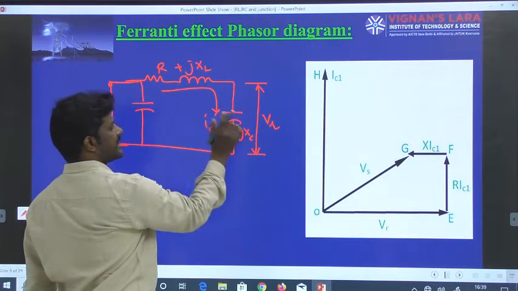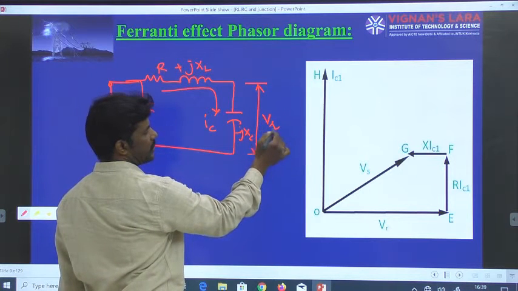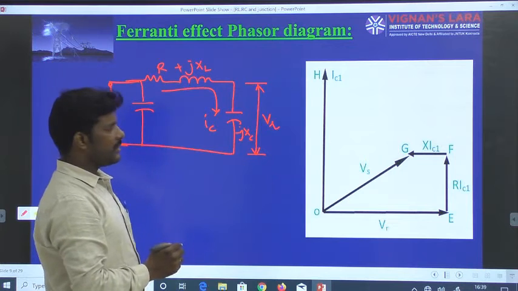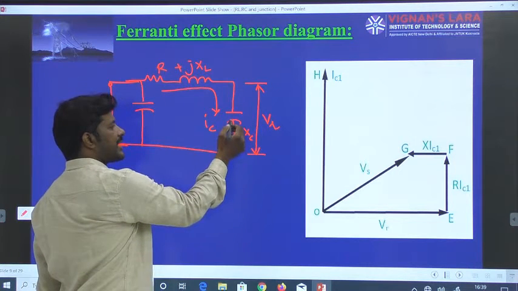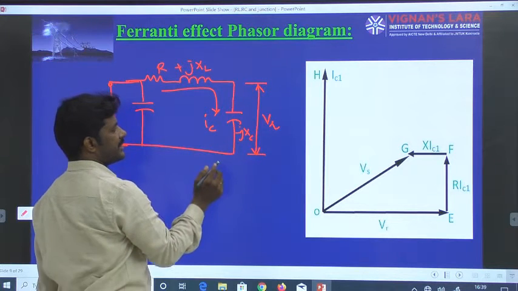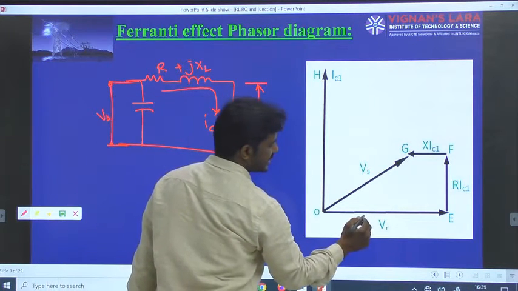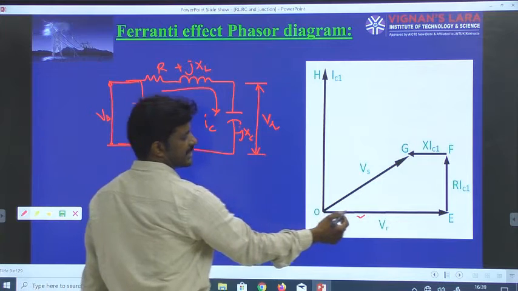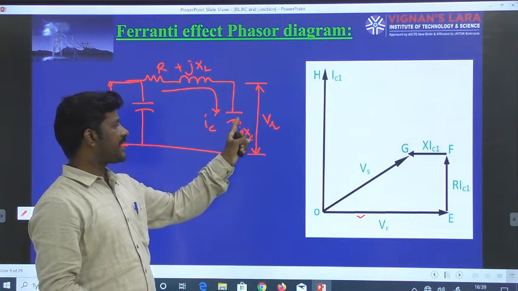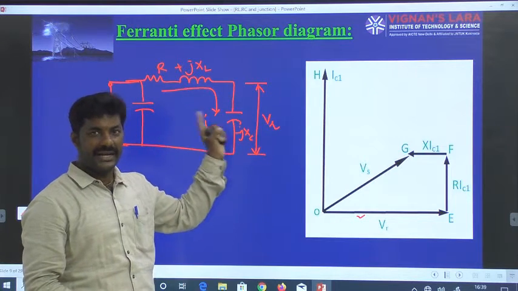Let me concentrate on only one capacitor. That capacitor voltage is identified to be VR at no load. It is taken as the reference for our equation. Across the capacitor the voltage is VR and the current is IC. Therefore this VR is taken as reference, the OE line. With reference to the voltage across the capacitor, the current in the capacitor should be leading.